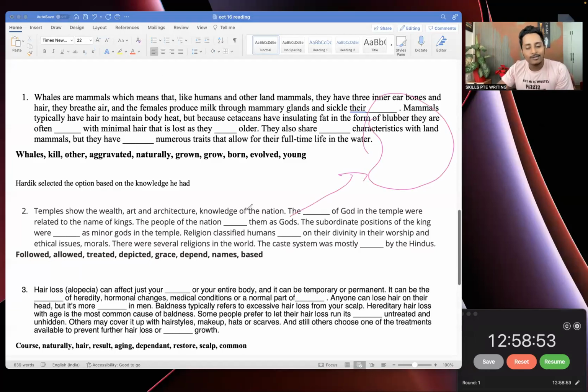They treated them as gods. They considered them as gods, whereas the subordinate positions of the king were depicted as minor gods. The positions, the second position, were shown as the minor gods. See, treated can fit into both. Treated can fit into second and third both, but depicted can fit into second only.